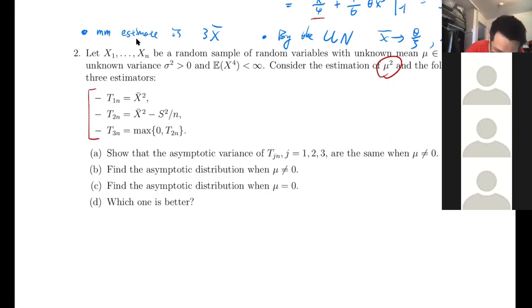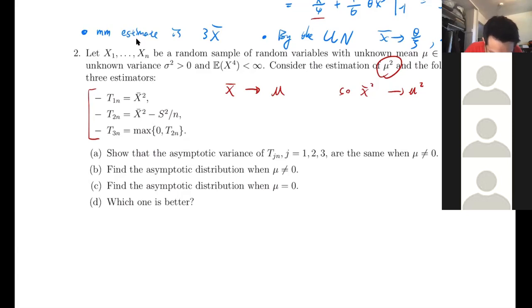Okay, let's say we know S bar will converge to mu. So S bar squared will converge to mu squared. And so that means T1n is consistent.